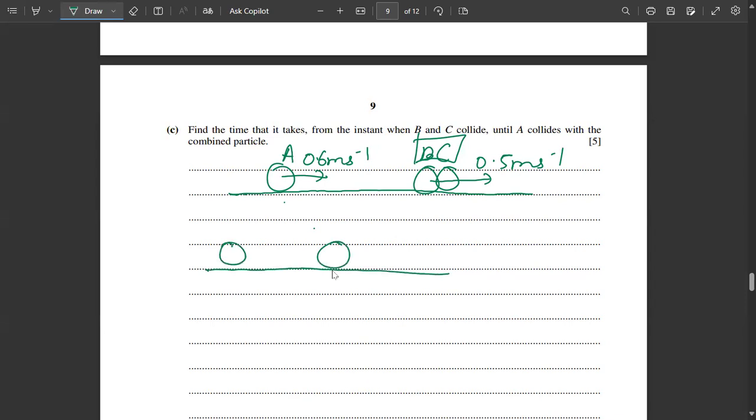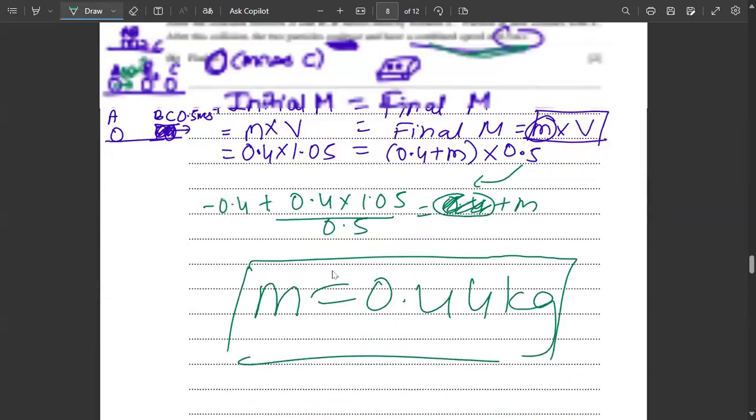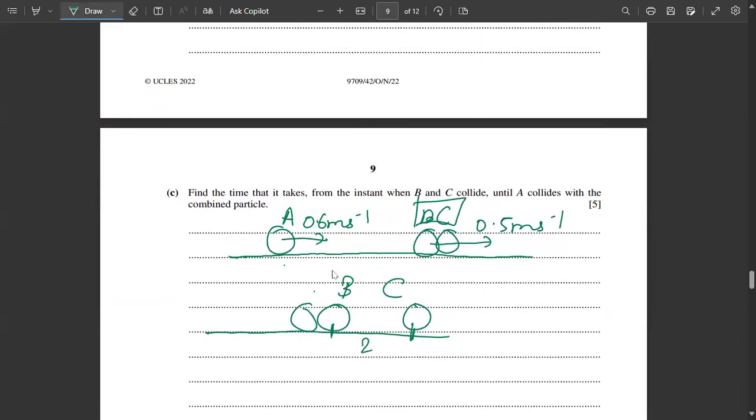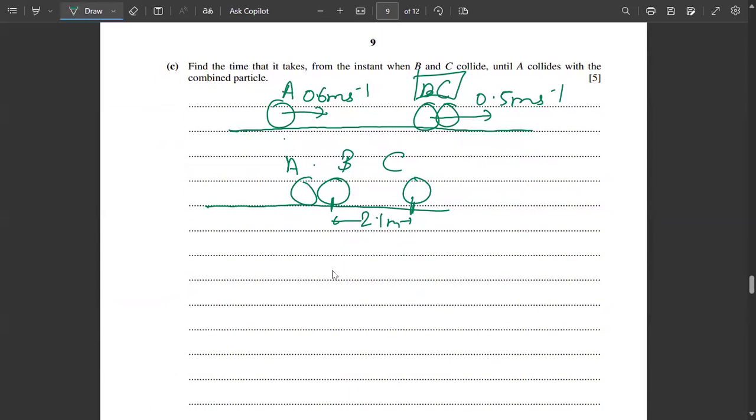A, B, C were in the initial positions like this. A came and hit B. So we'll go with when A hits B, and this distance is 2.1 meters. Perfect.